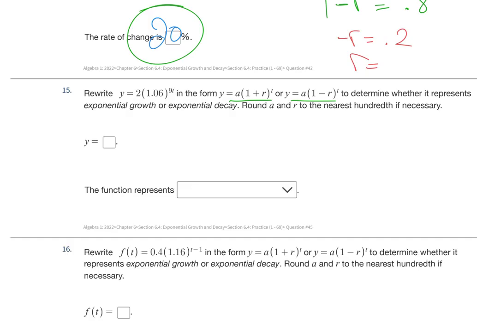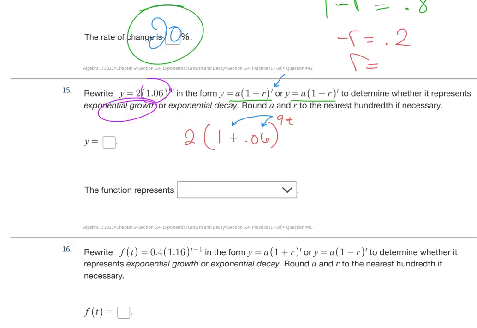Well, let's be honest. 1.06 is going to be growth, so let's get our rewrite on. What we're going to do is 2 times 1 plus 0.06 to the 9t power. And how we can rewrite that so that we just have a regular old t right there is we can kind of distribute this 9 power.